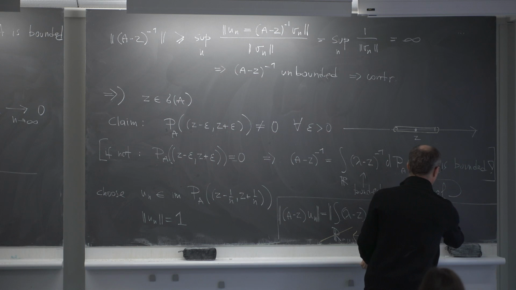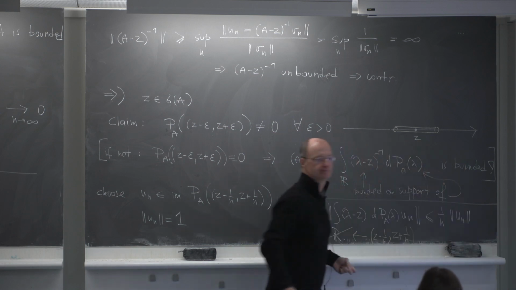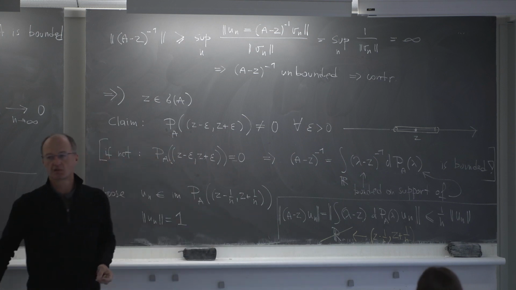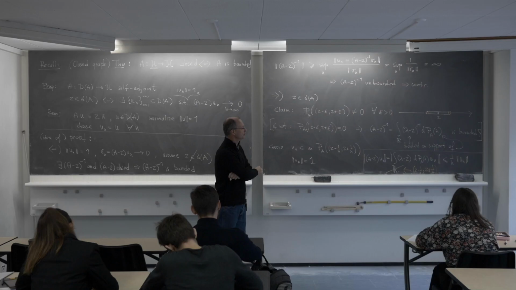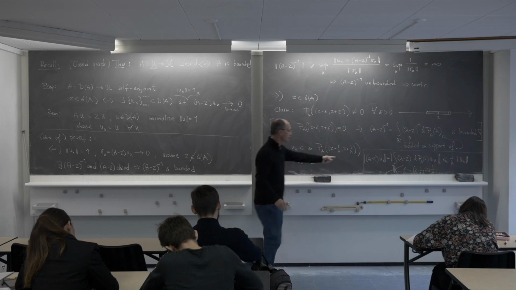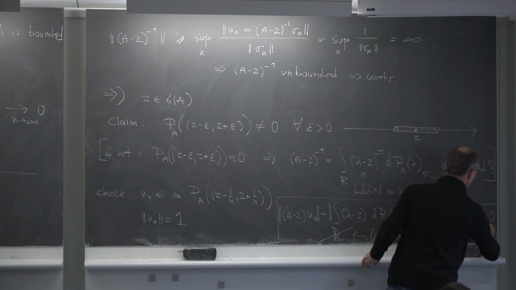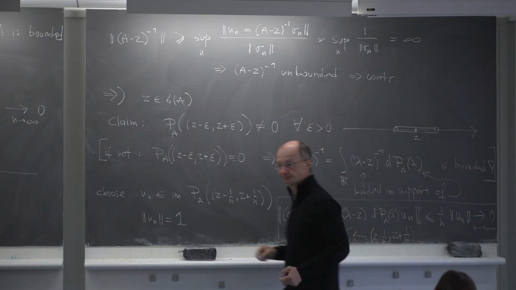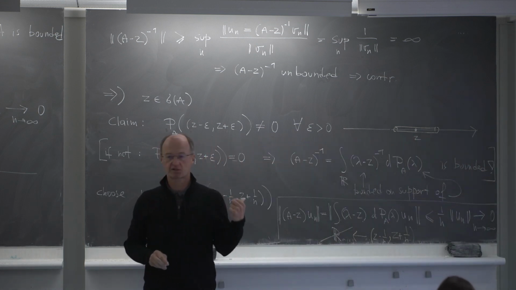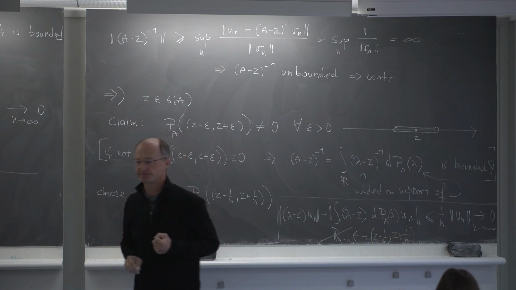So it's less than or equal to 1 over n times the norm of UN. Now it is clear that this converges to 0 when n goes to infinity. So that's this sequence that we want.